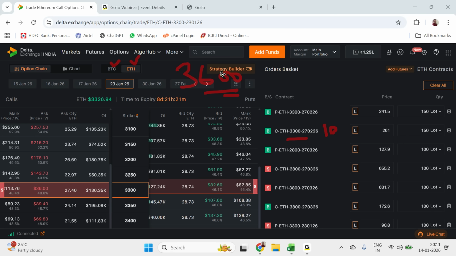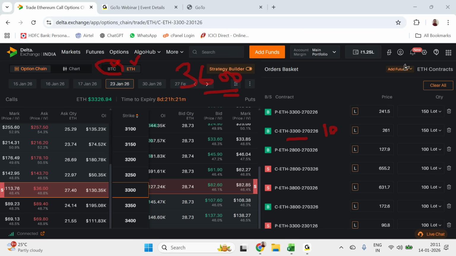Bigger trade, BTC. Smaller trade, ETH. ETH is more volatile, so it will demand more adjustments. BTC will demand fewer adjustments. But if your basket is big and you want to trade in a bigger size, you can go with BTC.